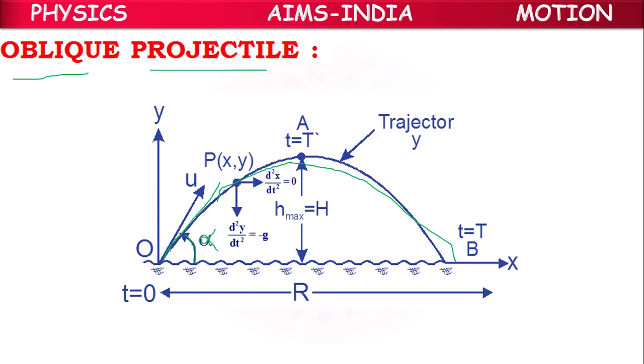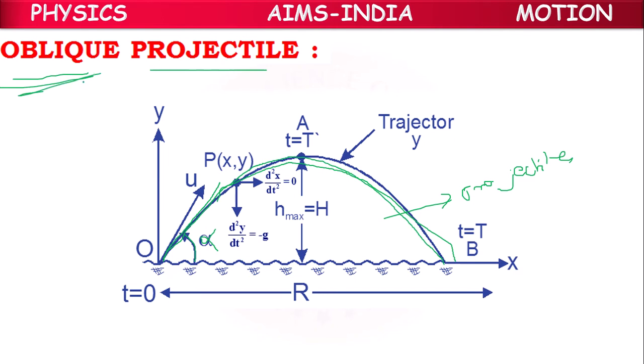It will be called a projectile based on the path traveled by it, so we can call it an oblique projectile.